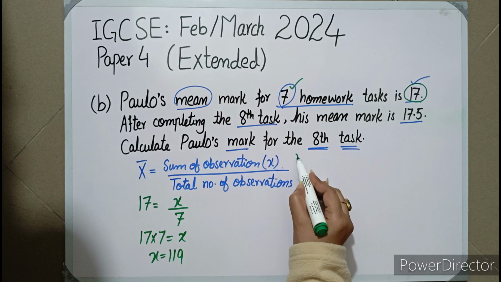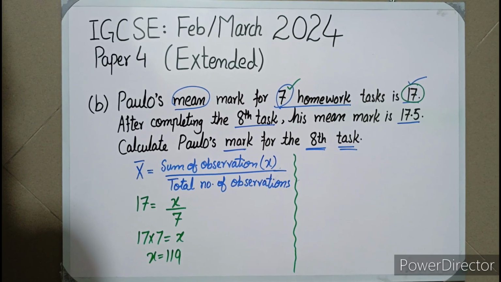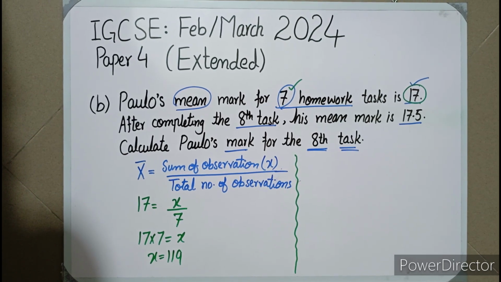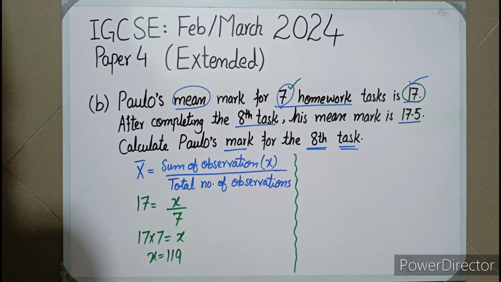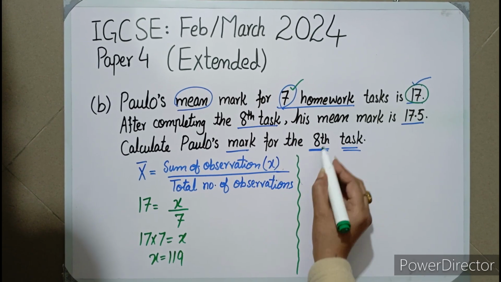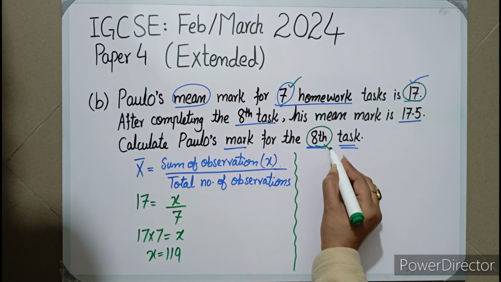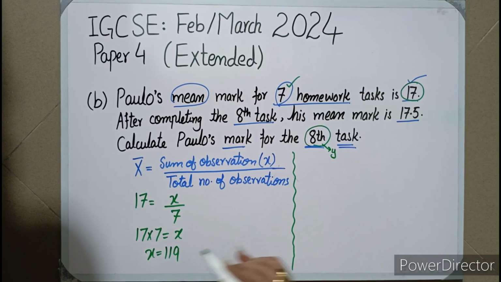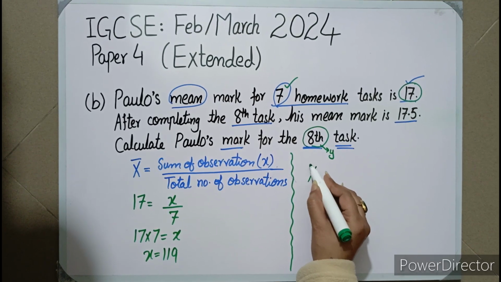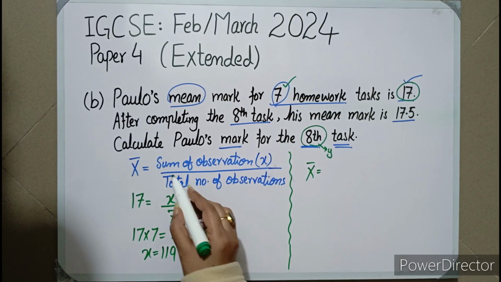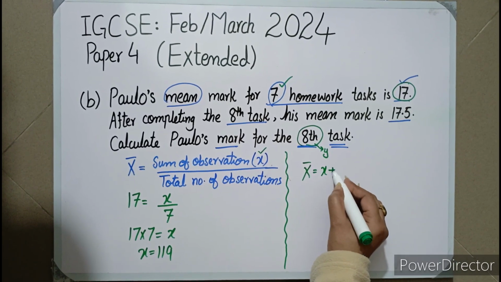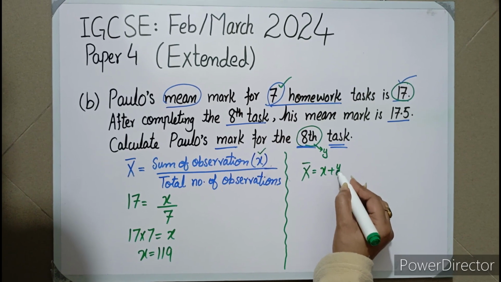But in this question, he is asking to find the marks in the 8th subject or 8th task. So when I denote this 8th task as y, my formula will be x bar, where the sum of the 7 observations is denoted by x, whereas the 8th task is given by y.